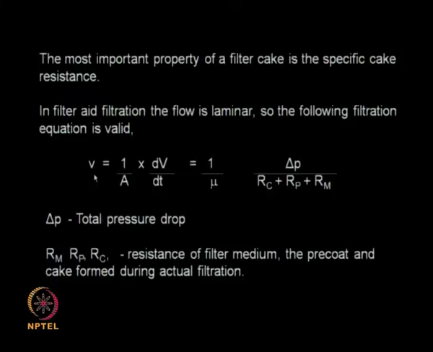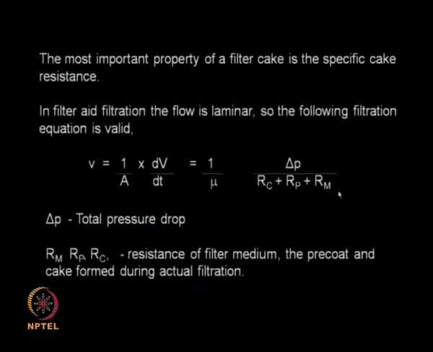flow of the liquid. So the velocity of the flow of the liquid is equal to 1 by area of the filtration multiplied by the volume that needs to be filtered and the time. So this gives you the rate of filtration, this gives the velocity, and here you have the area. Now this is related to the pressure, that is the pressure you are applying, viscosity of the fluid, and various resistances.